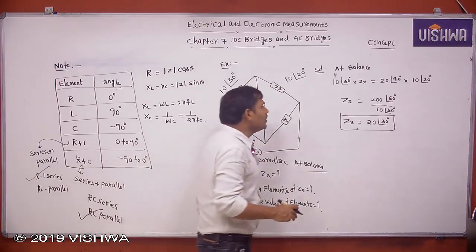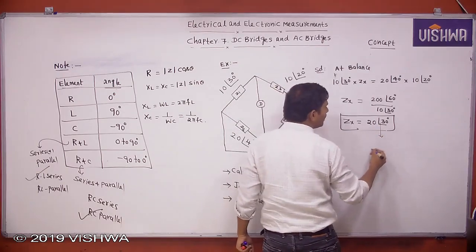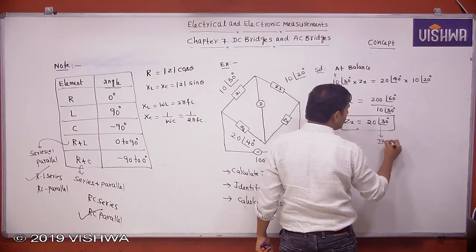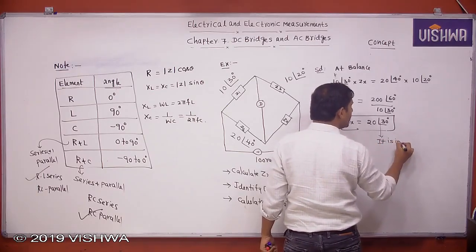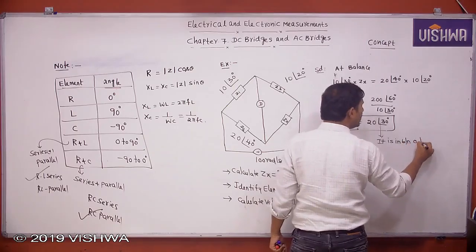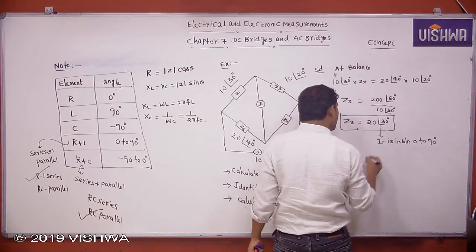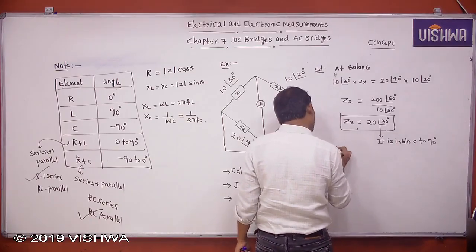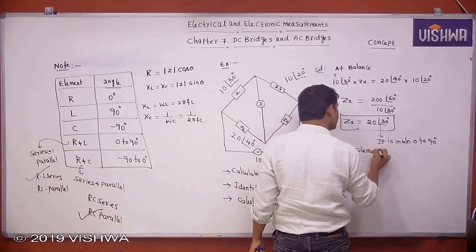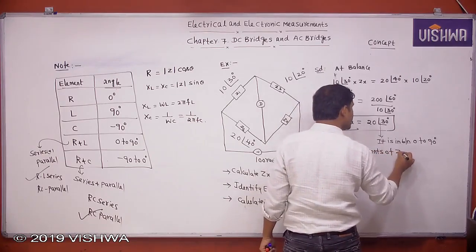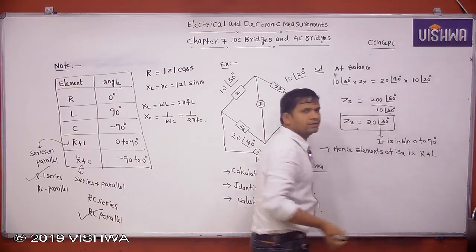Okay, this is the unknown impedance. But what is the unknown impedance angle? We are getting 30 degrees. It is in between 0 to 90. If the angle is 0 to 90, then the elements of ZX are R and L. That is identification.